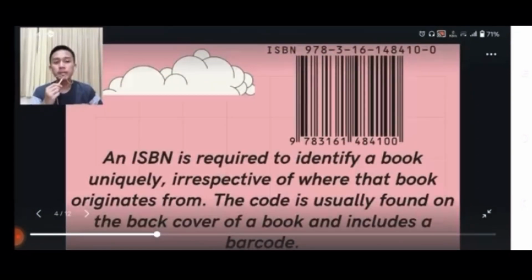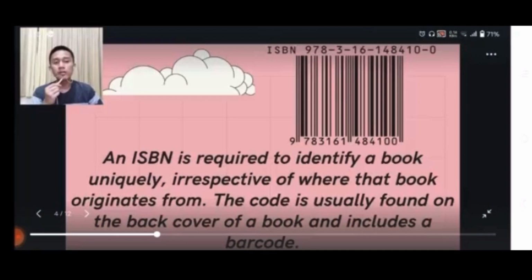An ISBN is required to identify a book uniquely, irrespective of where that book originates from. The code is usually found on the back cover of a book and includes a barcode.